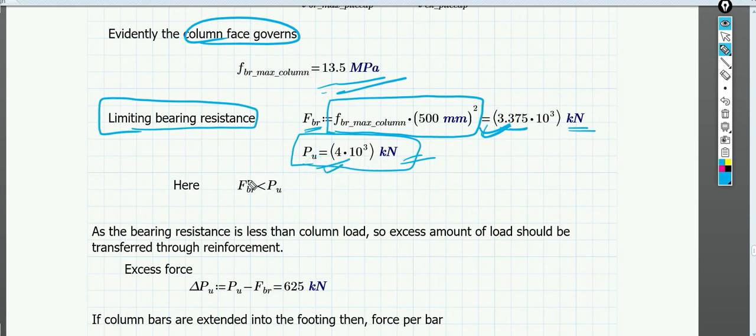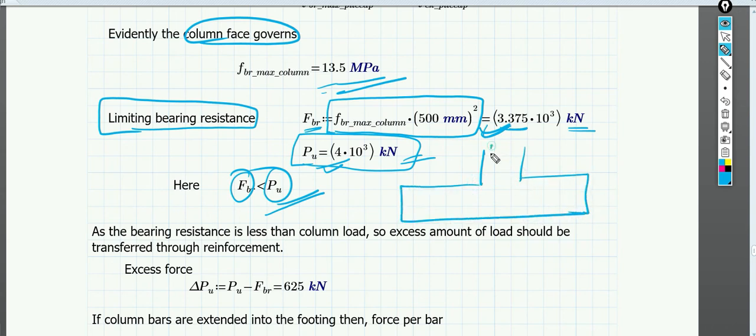So that means the bearing resistance is less than the load. As per the clause we have just discussed, if this is the condition, then we have to provide reinforcement or dowel bars. Before providing additional dowel bars, we can try to extend the column bars itself. I think you already know how the reinforcements are provided. The column bar can be extended right inside the footing, inside the pile cap.